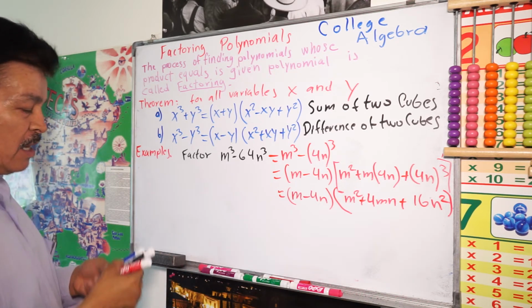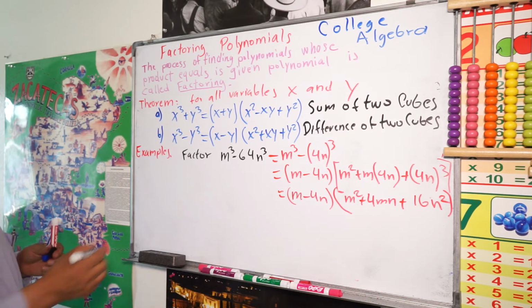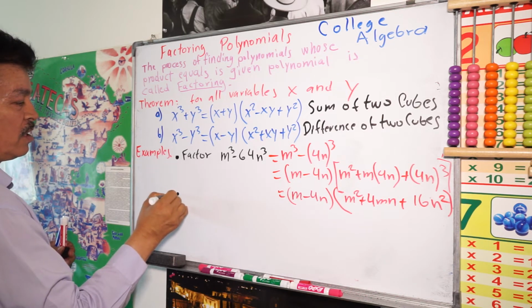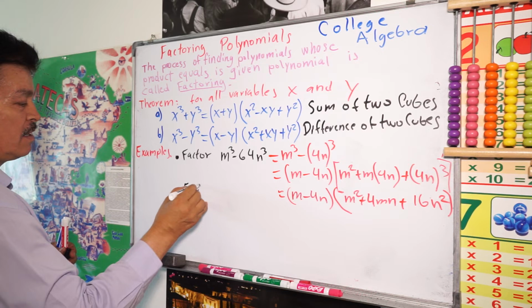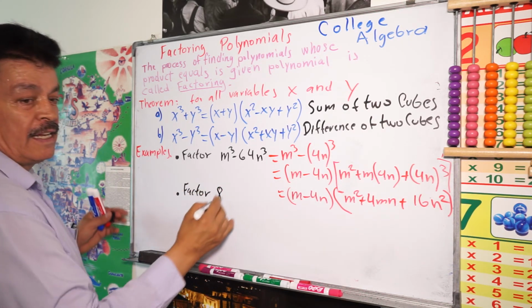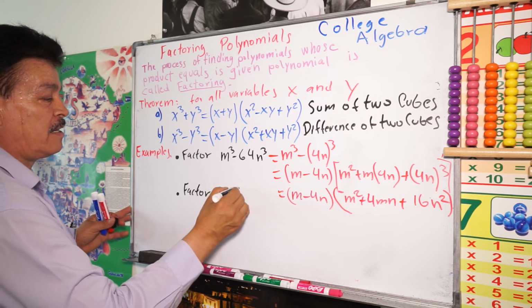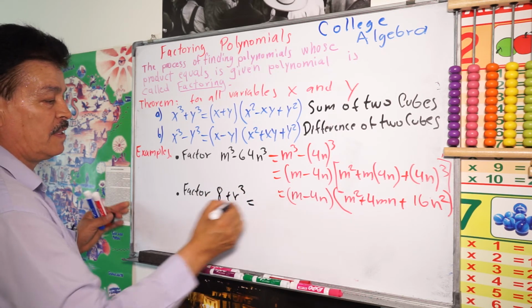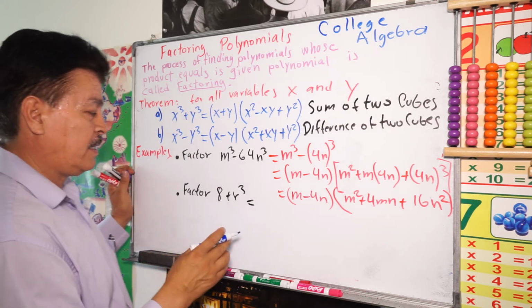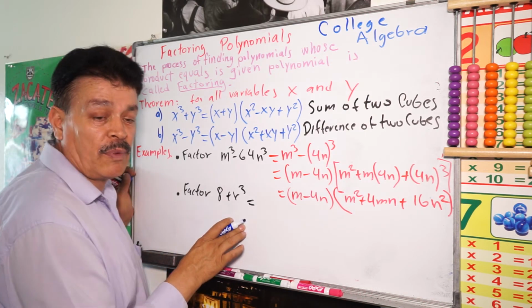Okay, that's the answer. So let's go and find another problem here. This is one. Let me show you another one. Factor a plus r to the third power equals, this is easy. This is a very simple problem.